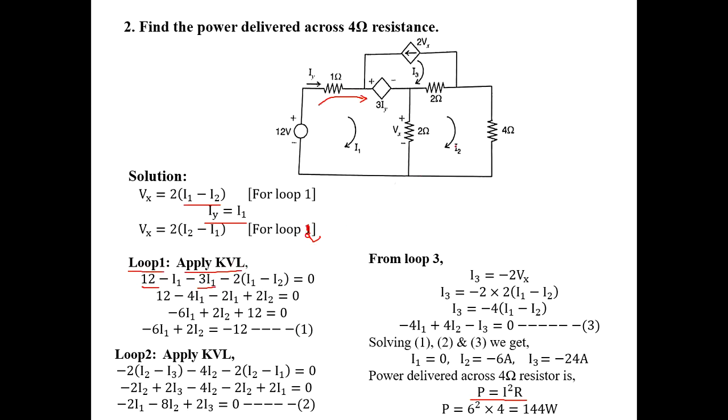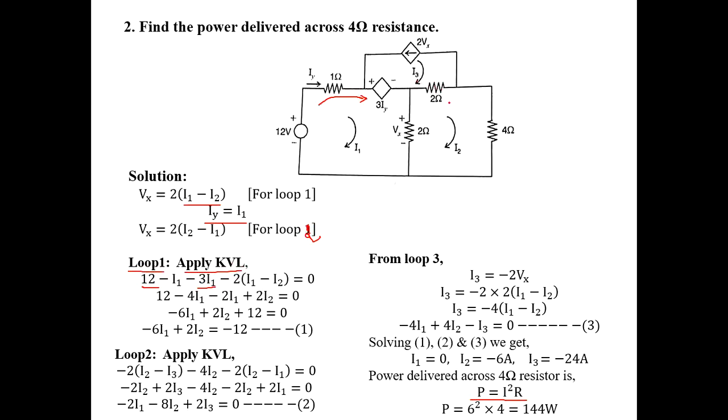Then consider loop 2. Apply KVL, the same method. Here in this 2 ohm resistor, the current I2 is flowing and also I3 is flowing.